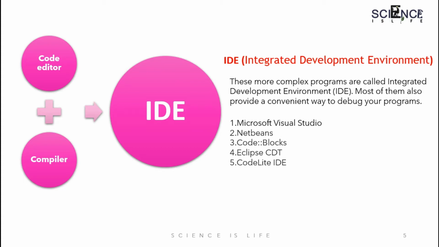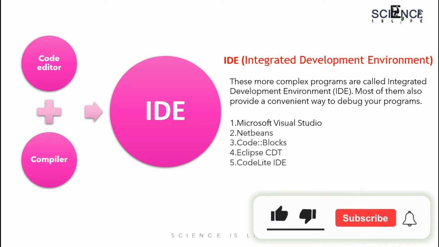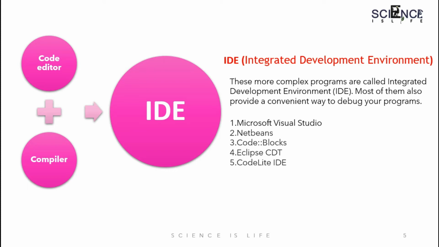An IDE is also a program, but it contains both a code editor and a compiler in one place. So it contains a good editor to write source code and a compiler to translate that source code, which is in programming language, into machine language. Microsoft Visual Studio, NetBeans, and CodeBlocks are some examples of IDEs.